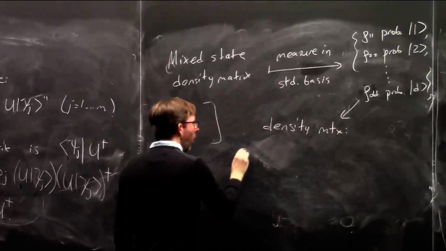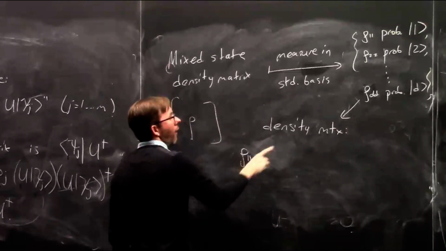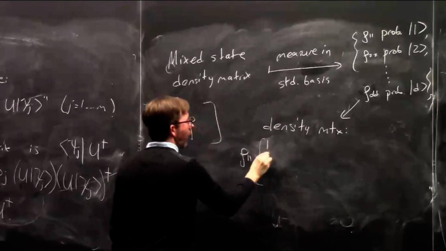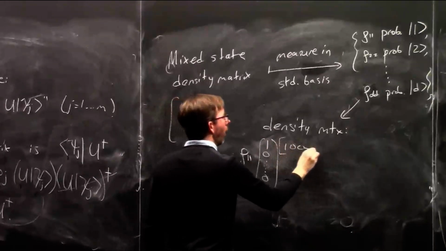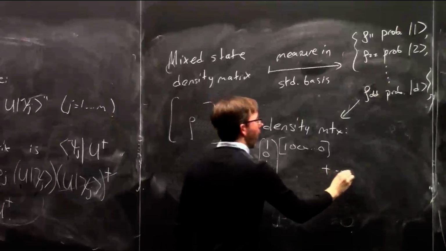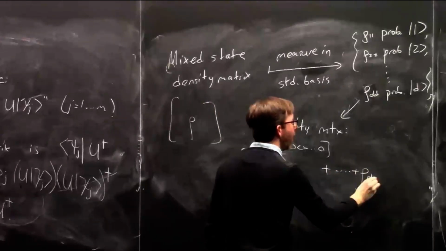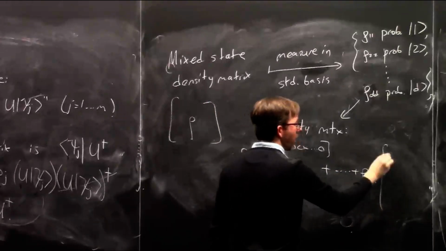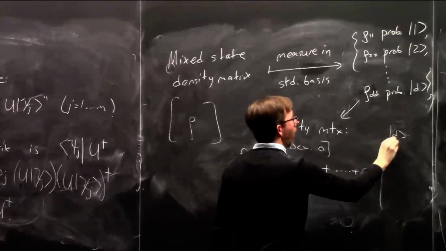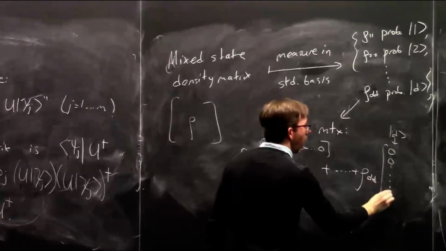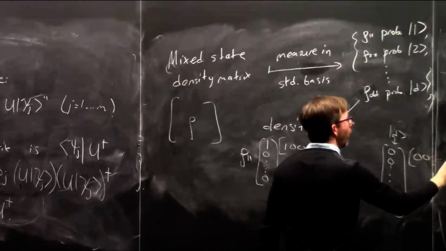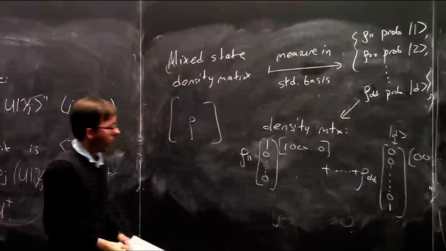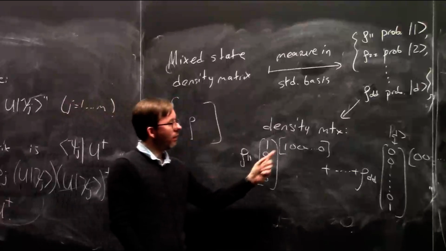Well, it's rho 1,1 times this vector, ket 1, and then we put its horizontal version. Plus, and so on, the last one is rho d,d times this vector, ket d, which is 0, dot, dot, dot, 0, 1. We put its horizontal version. And what is this vector product?